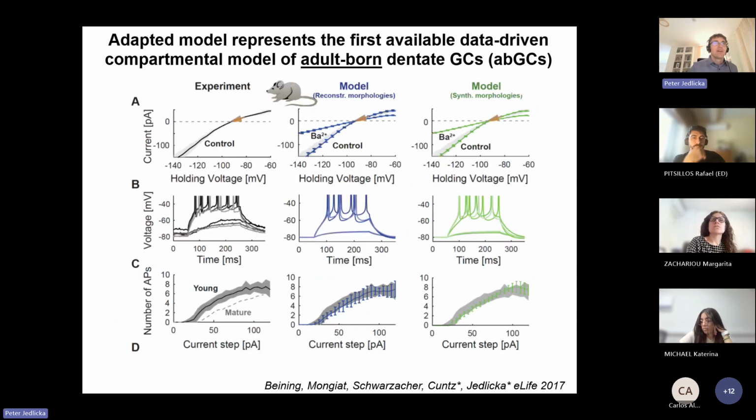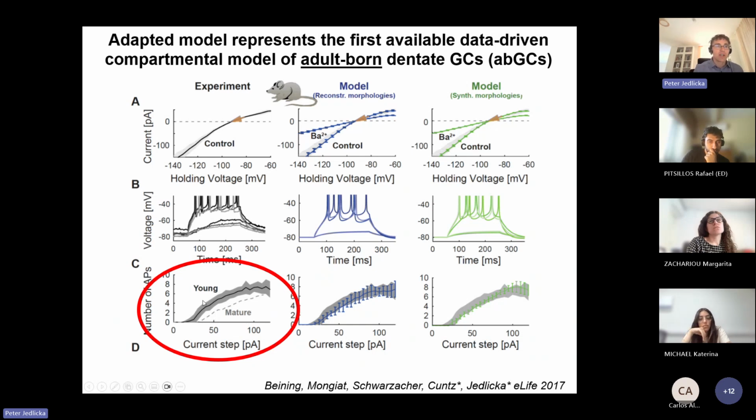And one more detail, just focus on this one panel. You don't have to look at all those panels. So if we change the ion channels according to the literature from immature granule cells, then we can also replicate the input-output curve, not only for the mature granule cells, but also for the immature ones, for the young ones.